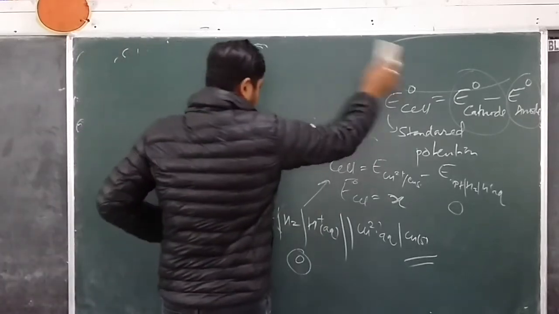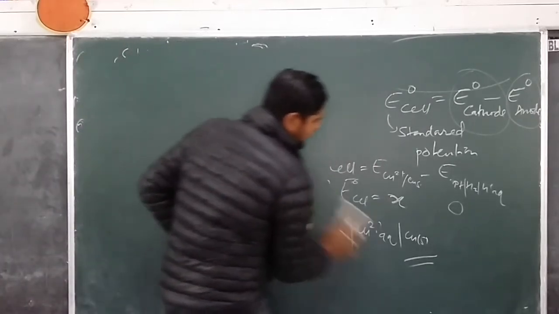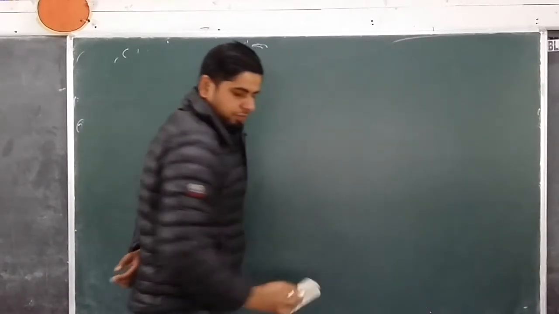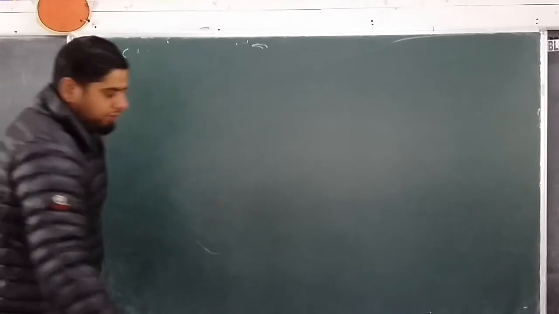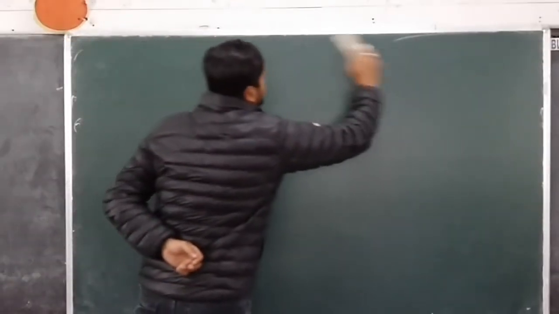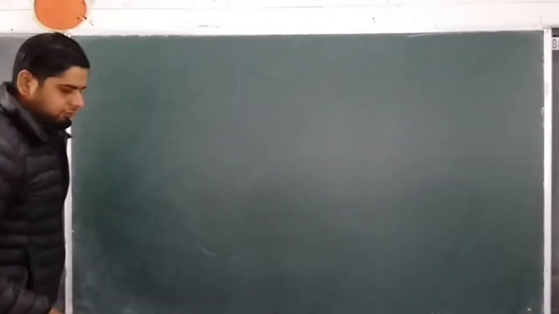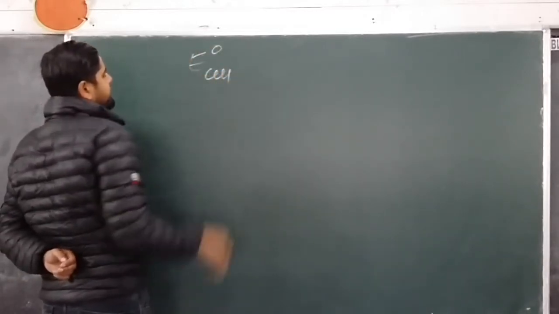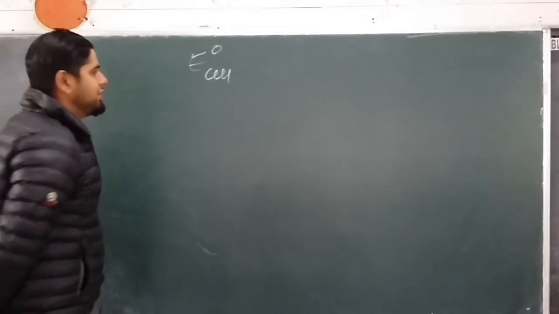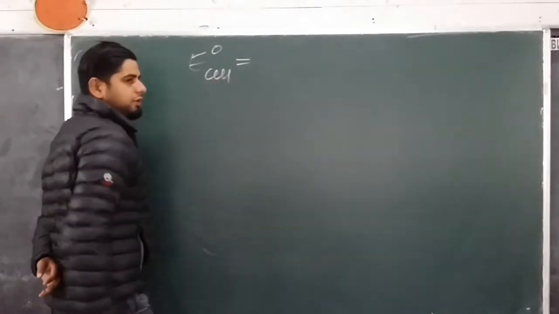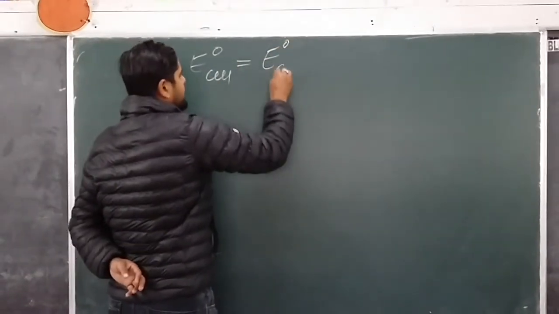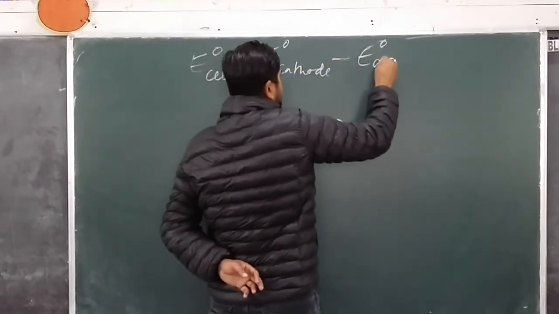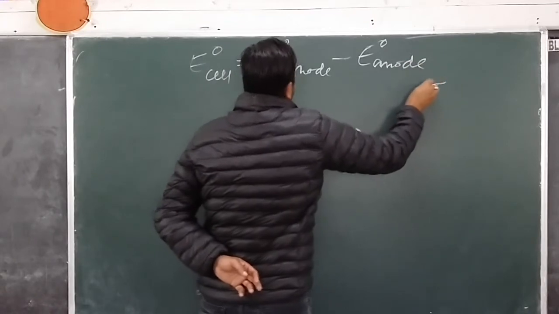After knowing this, if you want to calculate the standard potential for any cell, we write E naught cell, that is the standard cell potential, equal to cathode minus anode.